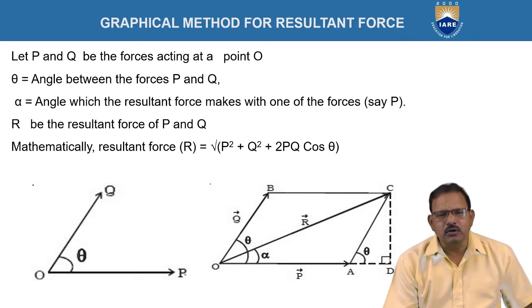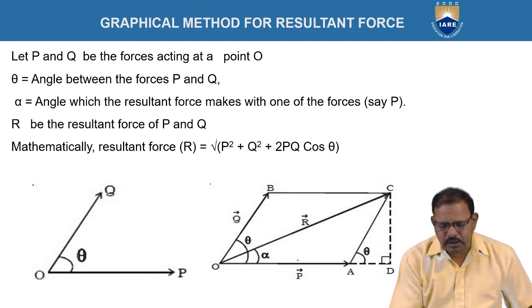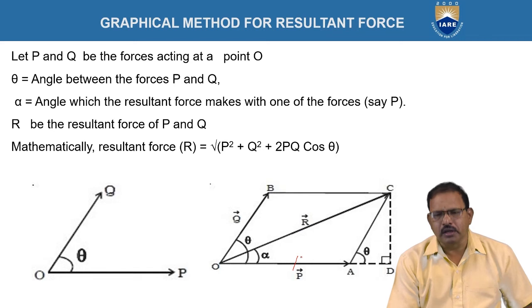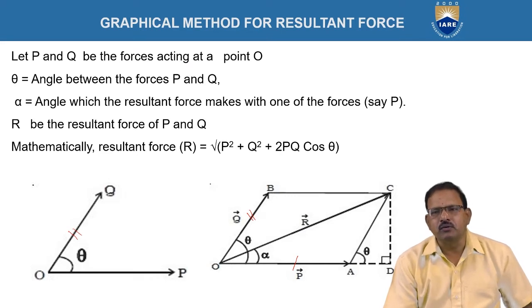According to a suitable scale, represent OP both in magnitude and direction by an adjacent side of the parallelogram. Similarly, the force OQ is represented as the side OB, both in magnitude and direction.